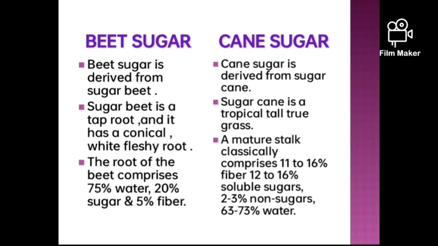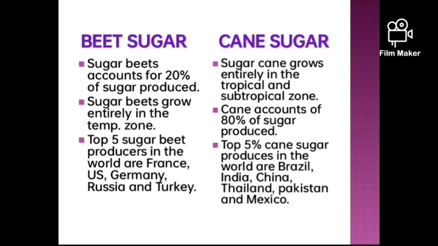Third point is the root of the beet comprises 75% water, 20% sugar, 5% fiber, whereas a mature stalk classically comprises 11 to 16% fiber, 12 to 16% soluble sugars, 2 to 3% non-sugars, 63 to 73% water. Next point is sugar beet accounts for 20% of sugar produced, whereas sugar cane grows entirely in the tropical and subtropical zone.